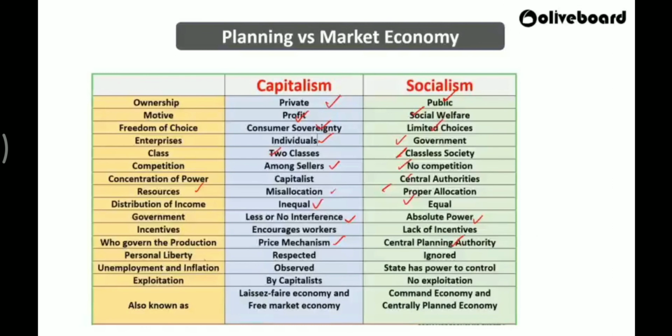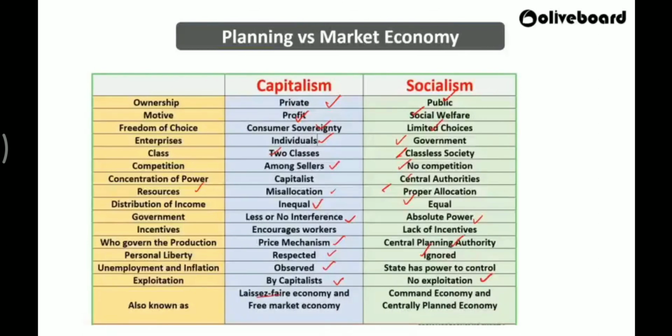Personal liberty is respected in capitalism. Here, personal choices are ignored. Unemployment and inflation are only observed; they'll just keep a watch. Here, the government has the power to control that. Exploitation is done by the capitalist. Here, there is no exploitation. And the other name for capitalism is laissez-faire.